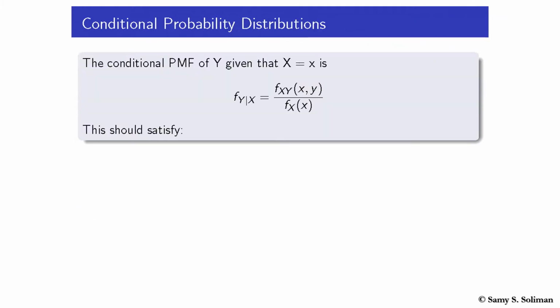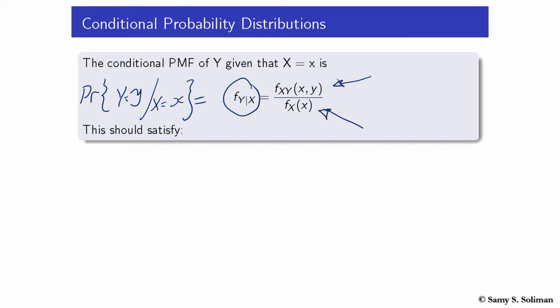And as we just mentioned, we might be interested in defining the conditional probability mass function. So if we define f of y given x, this is the probability that Y takes a specific value y given that X takes a specific value x. Again, this is the joint PMF divided by the marginal PMF, as we mentioned already when we discussed conditional probability.